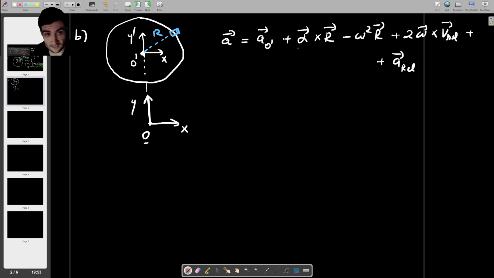So this will cancel because there's no angular acceleration of the car. There is also another thing we can cancel, I believe, is this.